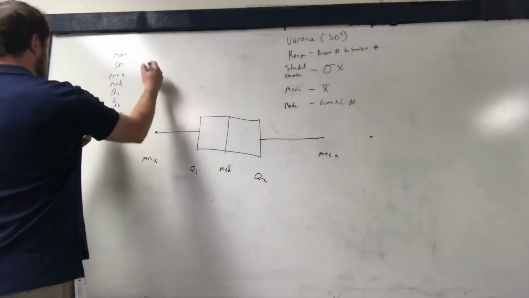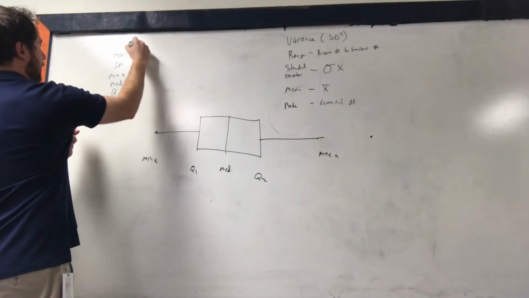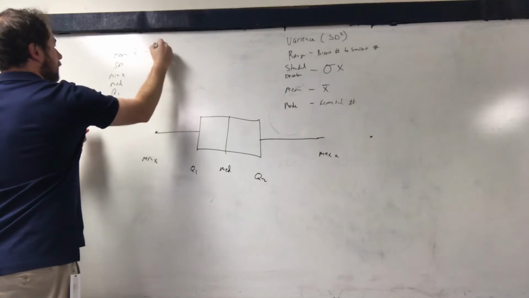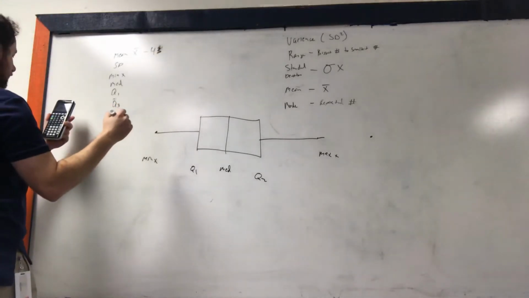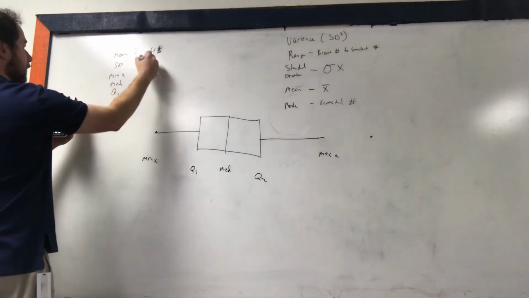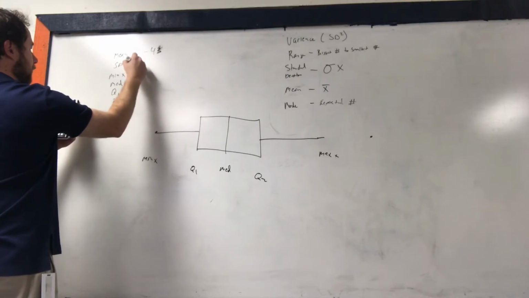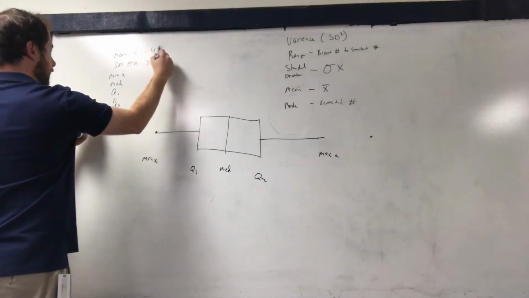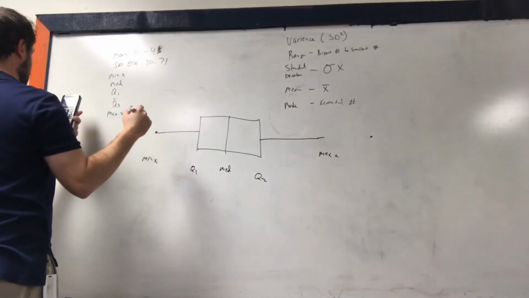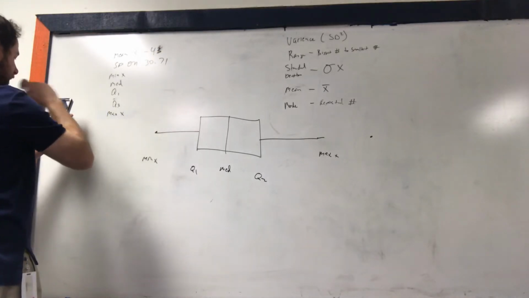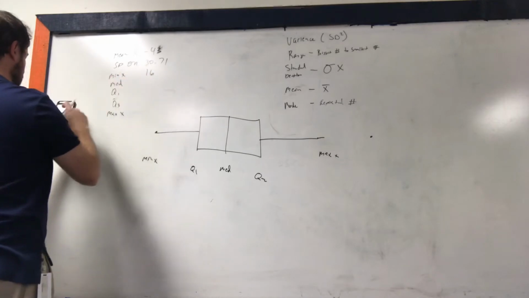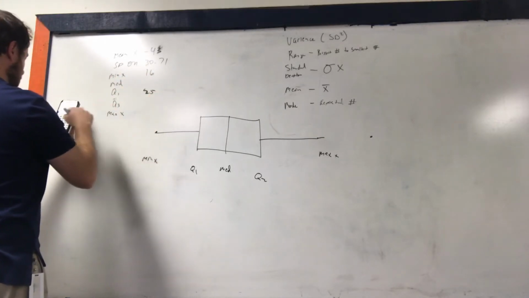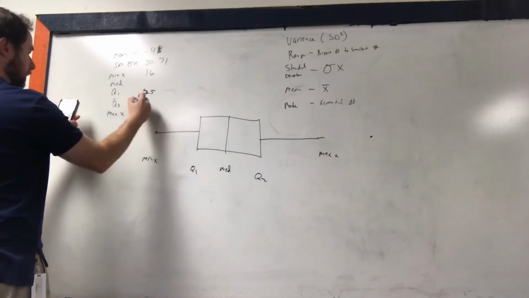Now our mean was our x, remember it's the x like this, and that is 43 in the calculator. Then our standard deviation was given to us. Remember that is this symbol, and it is 30.71. Our min x is 16 here. Our Q1 is 25. Our median is 34.